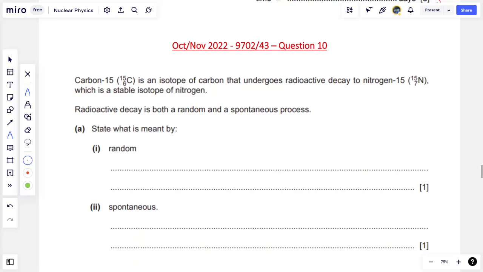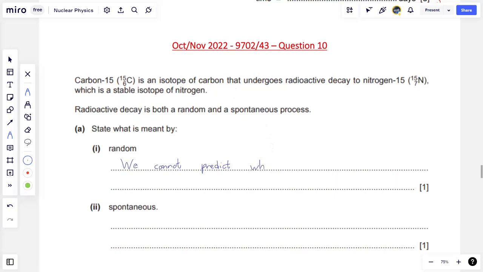What does it mean to be random? Well, it means that we can't predict when a nucleus will decay, or if I have a sample of many, many, many nuclei of a radioactive substance, I can't predict which nucleus is going to decay. So what I can say, and there's two possible answers here, what random means is we cannot predict something. But in this context, what is that thing that we cannot predict?